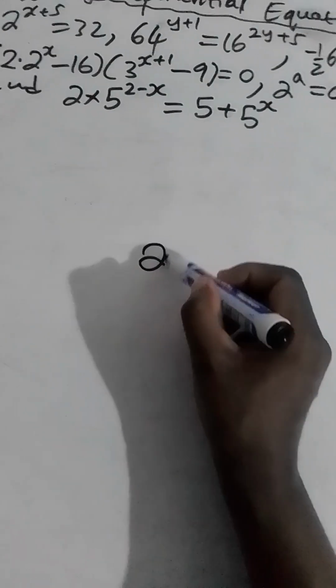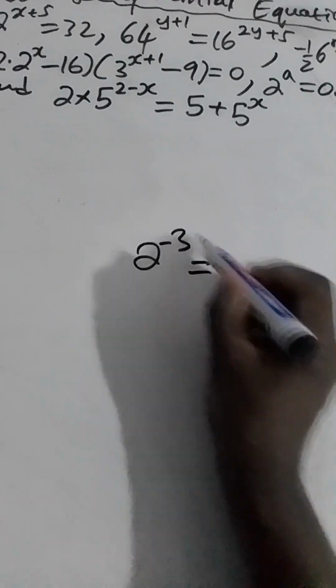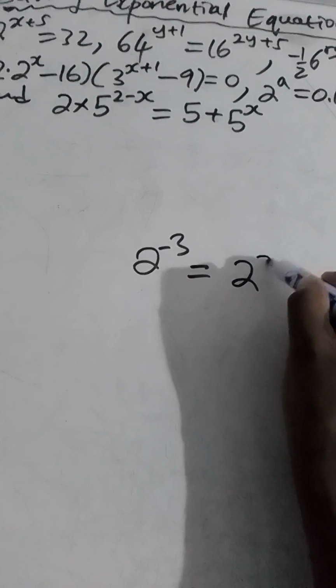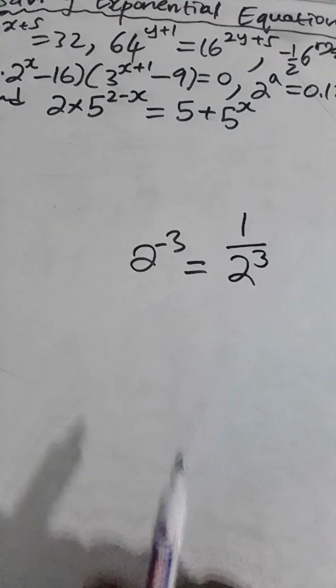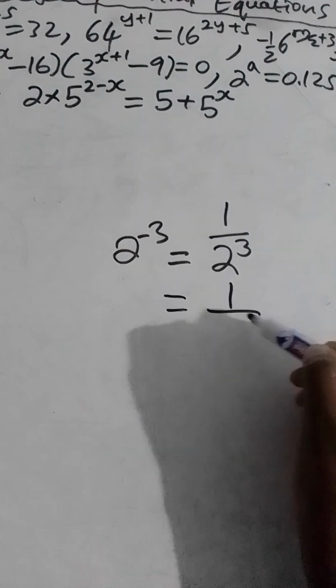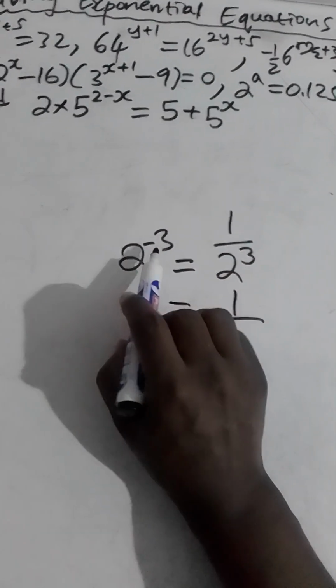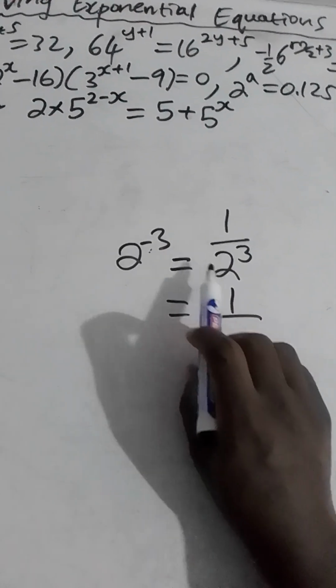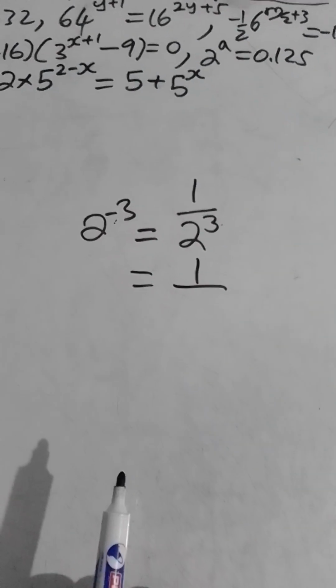If we come back here, 2 to the negative 3, and you want to change it to a positive exponent, you will first change the sign of the exponent and then put 1 on top. So that gives us a way of working with positive exponents even when we have negative exponents, or a way of working with negative exponents when we have positive exponents.